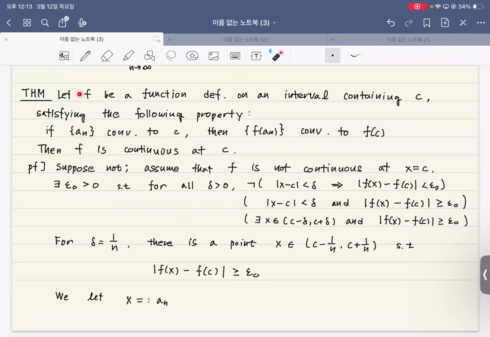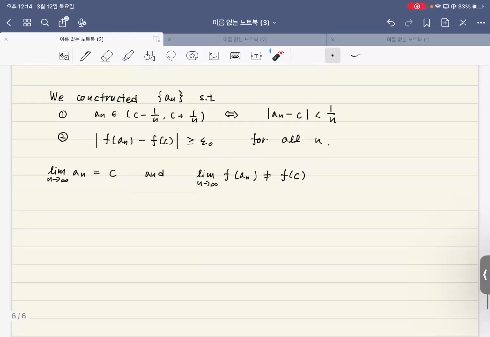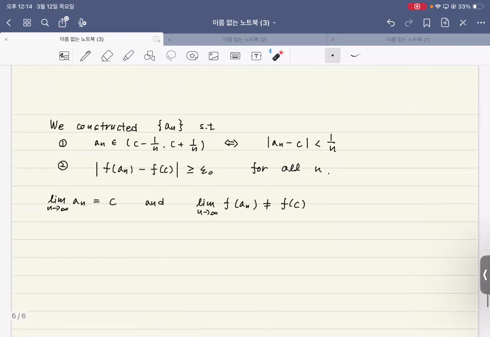We said the function satisfies this property: if a_n is converging to c, f(a_n) must be converging to f(c). That was the given assumption. But even though a_n is converging to c, the composed sequence is not converging to f(c), and this is a contradiction, right?